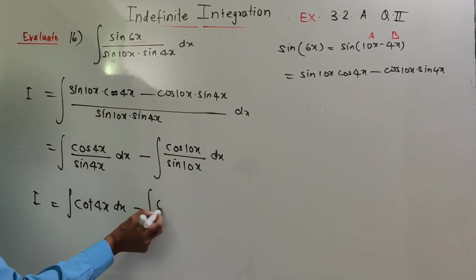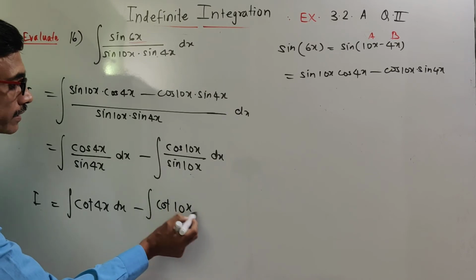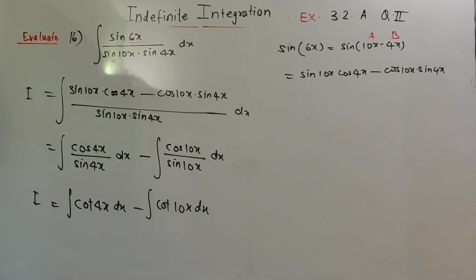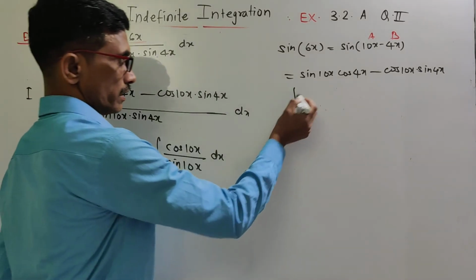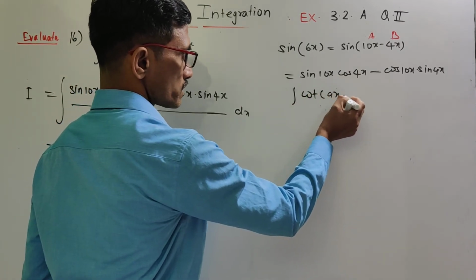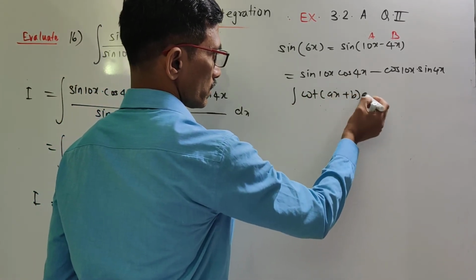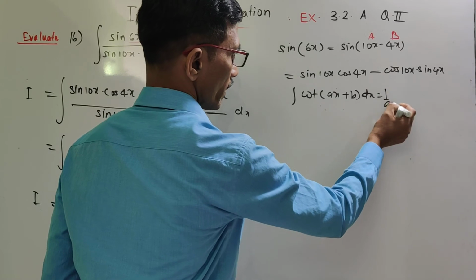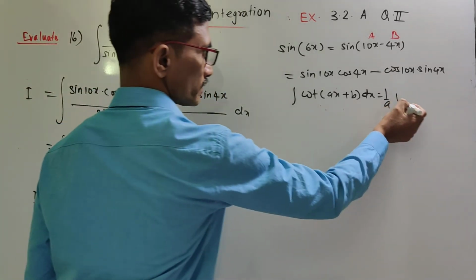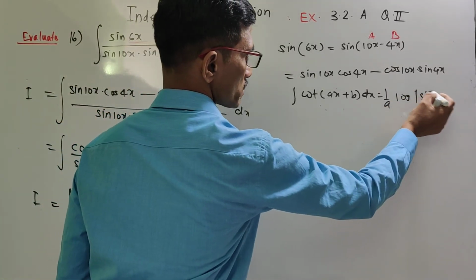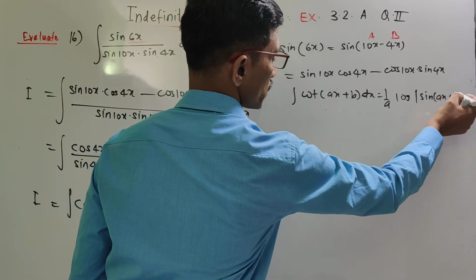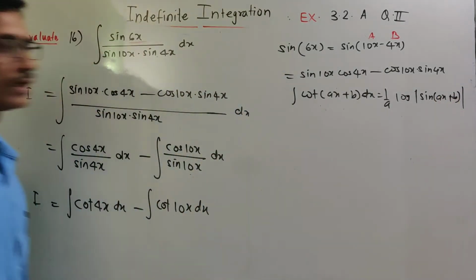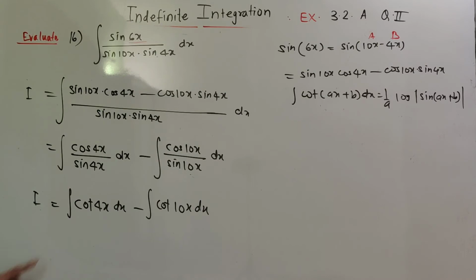integral of cot of 10x dx, and integral of cot of ax plus b is equal to 1 by a log of sin of ax plus b. So integral cot is log of sin. So here a is equal to 4 and here a is equal to 10.